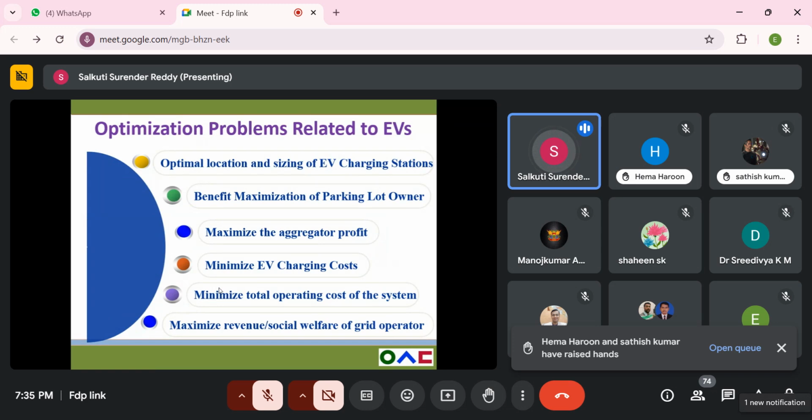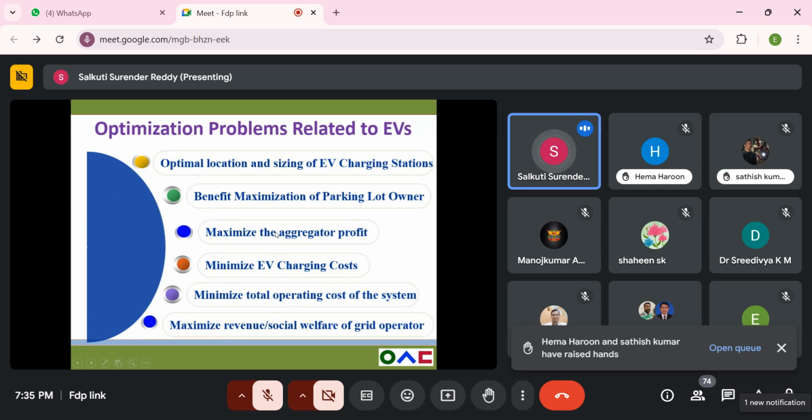Nowadays, most researchers are working on electric vehicles. Some of you can think of doing problems like optimal location and sizing of electric vehicle charging stations, or benefit maximization for the parking lot owner. All these are different optimization problems related to electric vehicles. You can take one of these objectives and then do your research.